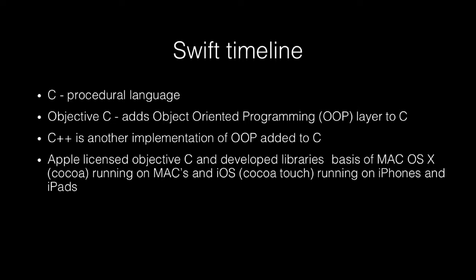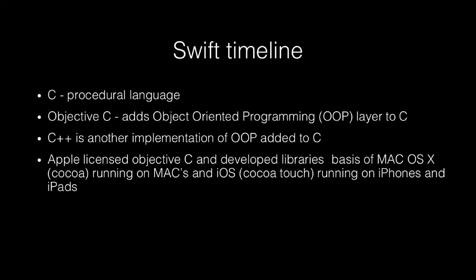Then Apple eventually decided that they would like to take care of the development of Objective-C, so they exclusively licensed Objective-C and developed some libraries or frameworks that were added onto Objective-C. Once these libraries or frameworks were added onto Objective-C, they made two versions.